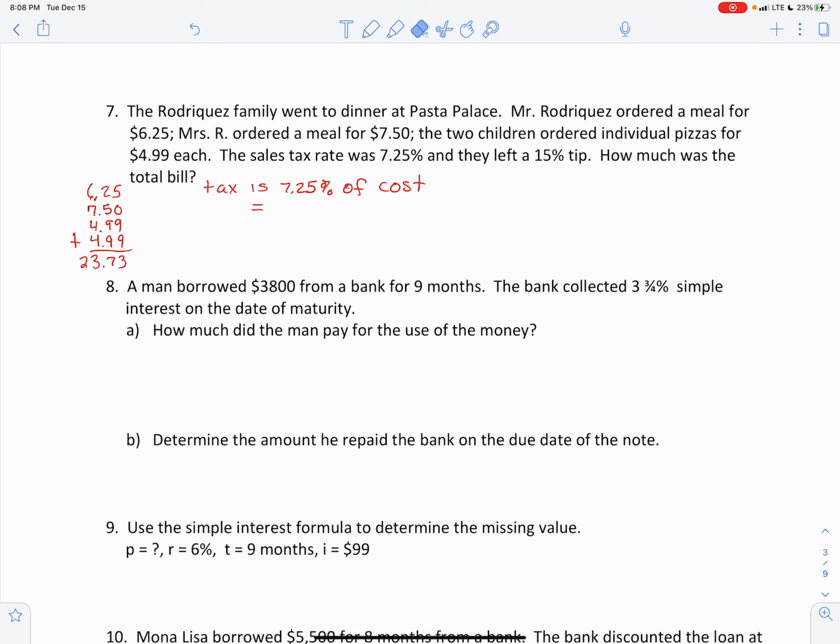Convert that 7.25% to a decimal. So I'll drop the percent sign and either divide by 100 or move the decimal point 2 places to the left, 0.0725 times that cost, and that cost was $23.73. So the tax was $1.72.